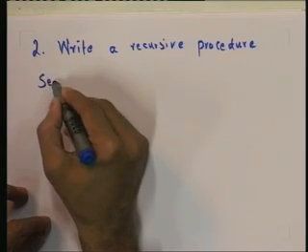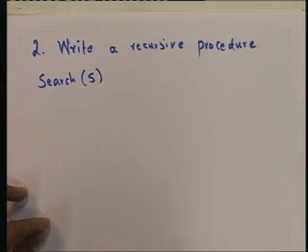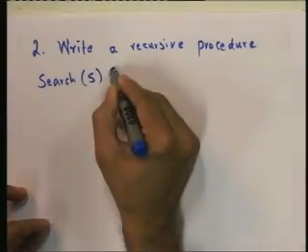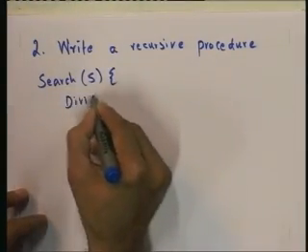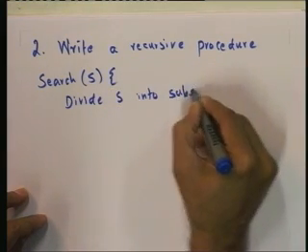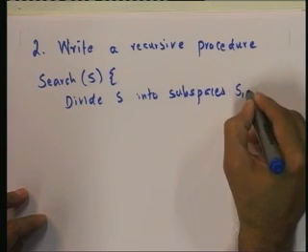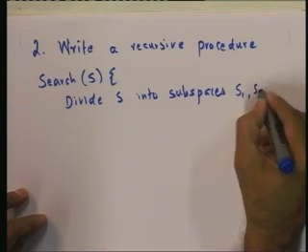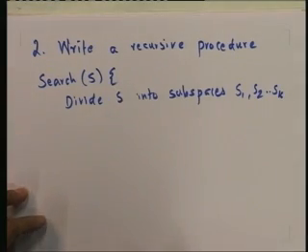So it is going to be a search, and it will take as argument the space S which we want to search. And now the procedure typically will divide S into subspaces. Say, let me call those S1, S2, say Sk. So there are k subspaces.